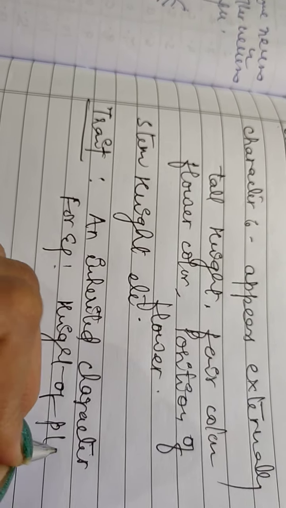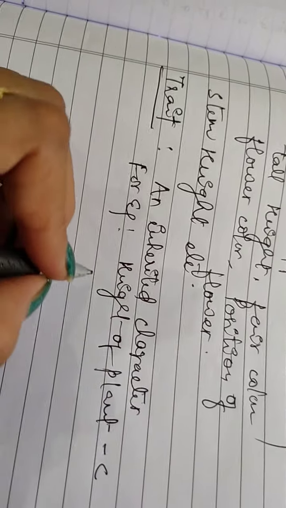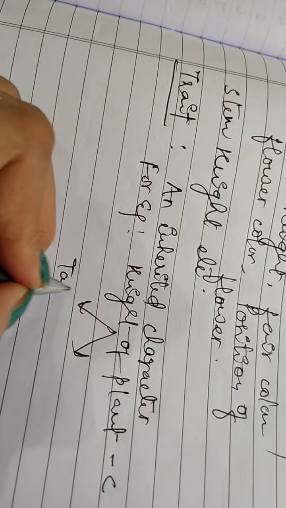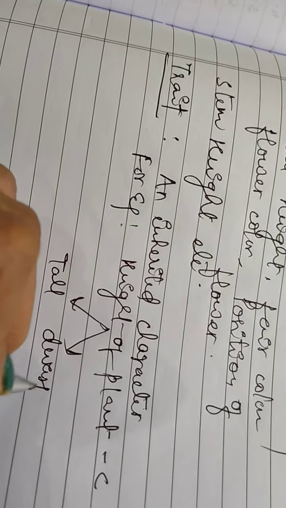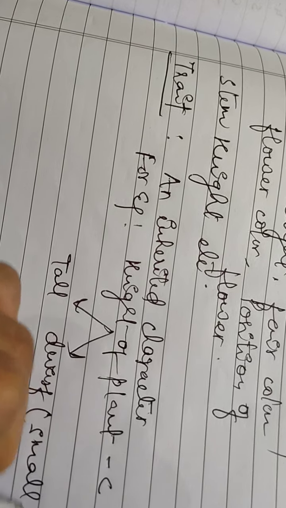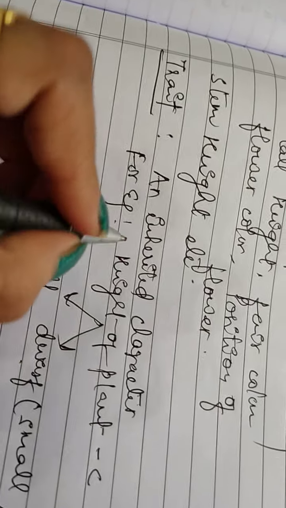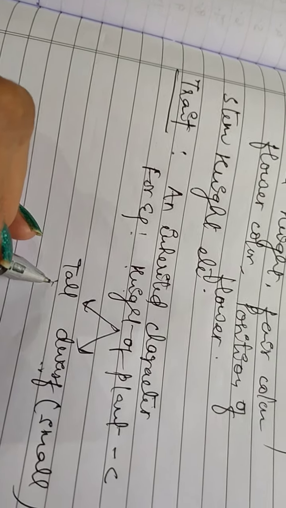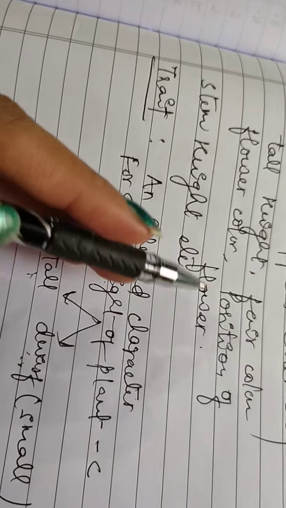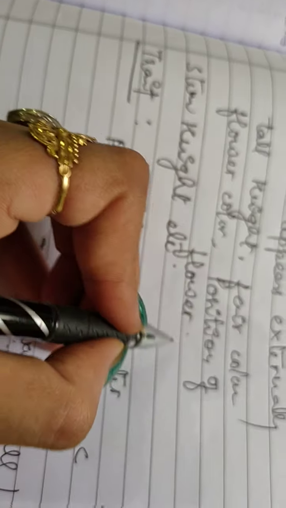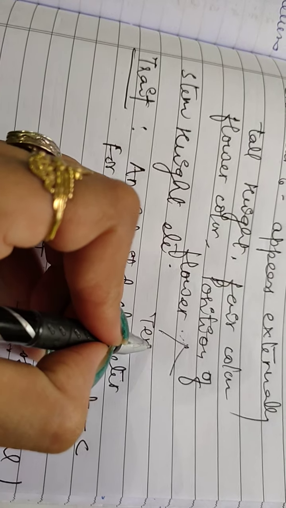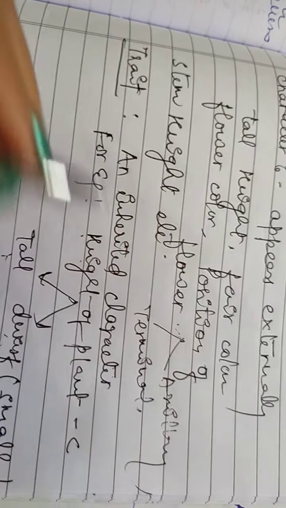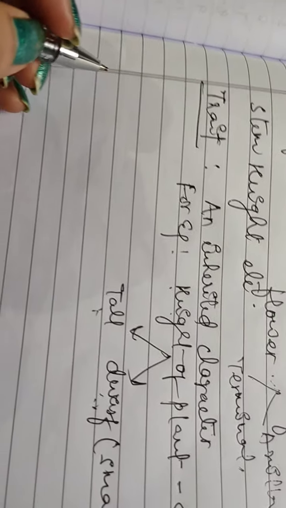Height of plant, this is the character. But height may vary from tall to dwarf or small. So these are the traits. This is the character, and these are the traits, that is height can be tall or dwarf, flower position can be terminal or axillary. So this is called as trait.